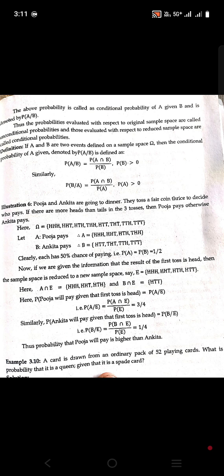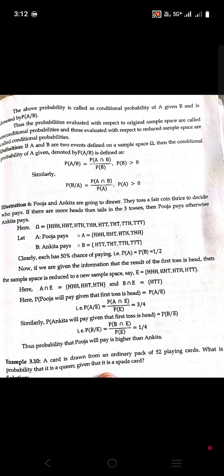Definition: if A and B are two events defined on the sample space omega, the conditional probability of A given B, denoted by probability of A by B, is defined as probability of A intersection B divided by probability of event B, where probability of B is greater than 0. Similarly, probability of B given A equals probability of A intersection B divided by probability of event A, where probability of A is greater than 0.